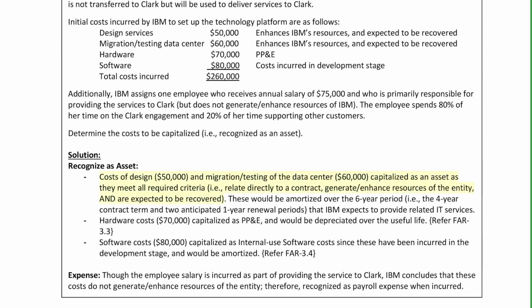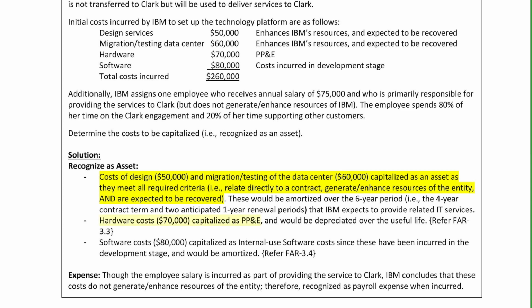Highlight the cost of design, $50,000, and migration or testing of the data center, $60,000, are capitalized as an asset as they meet all required criteria. So all three criteria: number one, relate directly to the contract; number two, generate or enhance resources of the entity; and number three, are expected to be recovered.